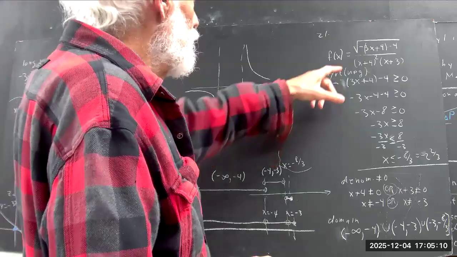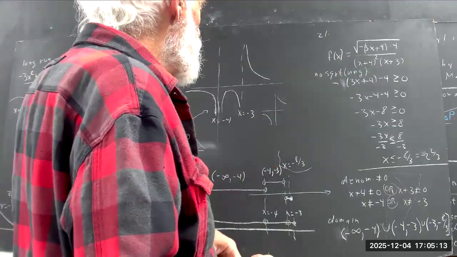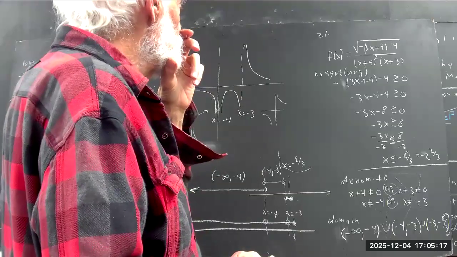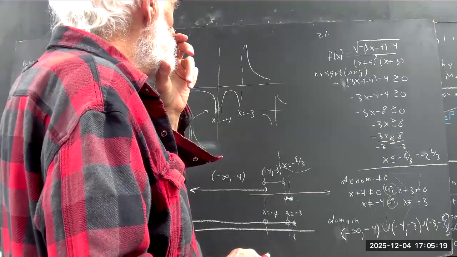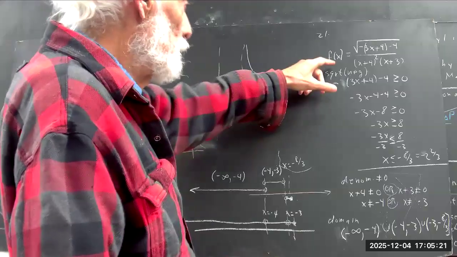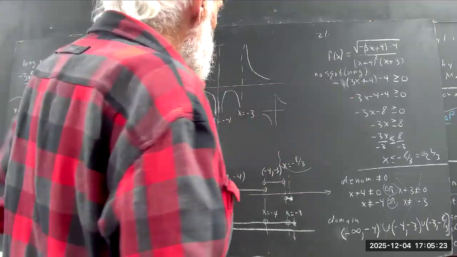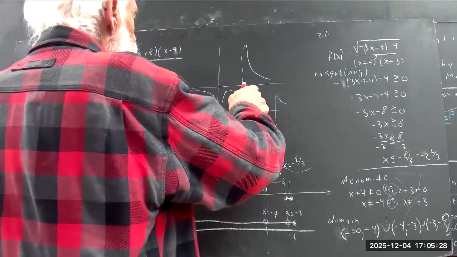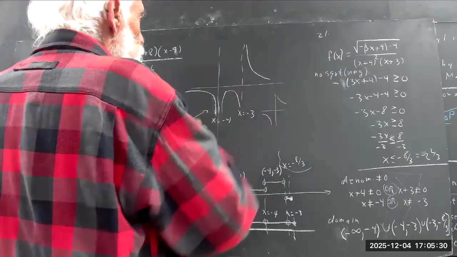the only place f of x is equal to 0, I didn't do that graph quite right, did I? f of x can be 0 when x equals -2 2/3. So when x equals -2 2/3, you actually have 0 here.